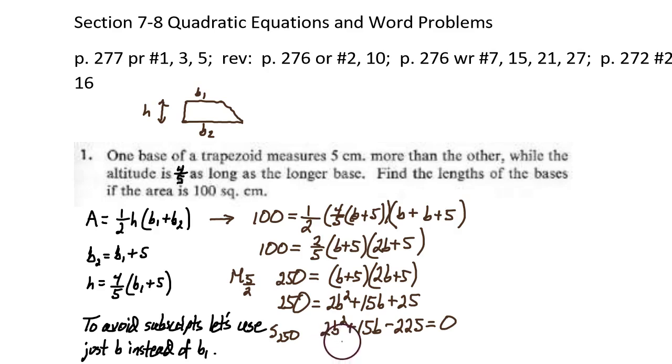Our quadratic equation is in standard form. So the fastest way to solve it is probably the quadratic formula. The value of A is 2, B is 15, and C is the negative 225.